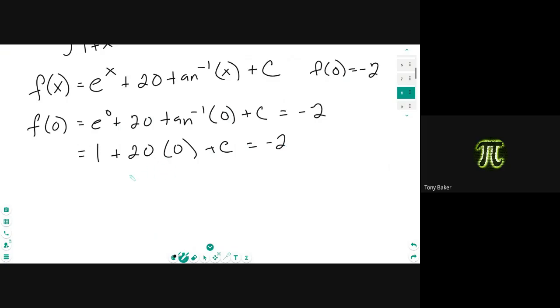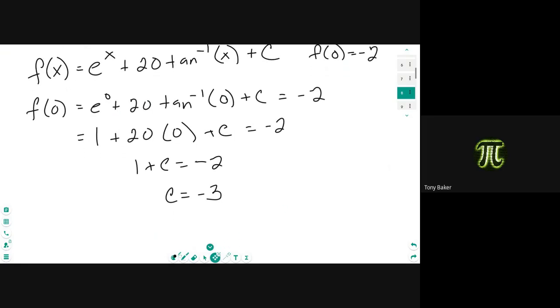So I've got 1 plus c equals -2. So c equals -3. So my final answer is e to the x plus 20 arctangent of x minus 3.